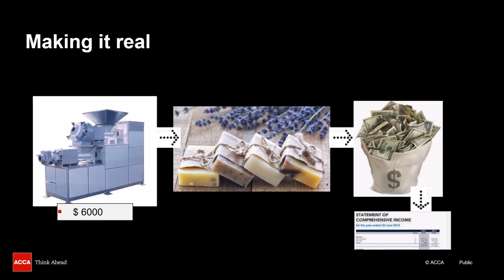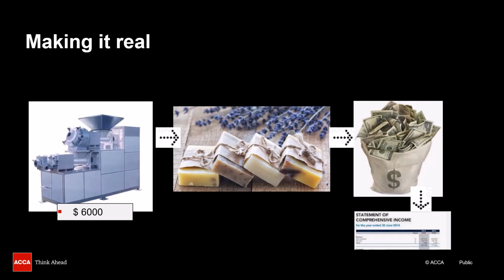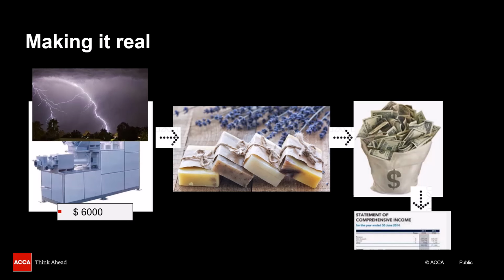So for this asset, its future economic benefits of $6,000 is expected to be derived from manufacturing and then selling these soaps. Now let us say a storm had physically damaged key components of the machine permanently, whereby the machine now only functions at 60% of its original functionality.